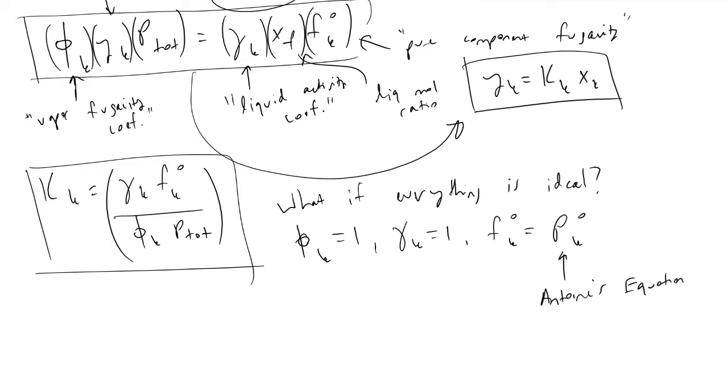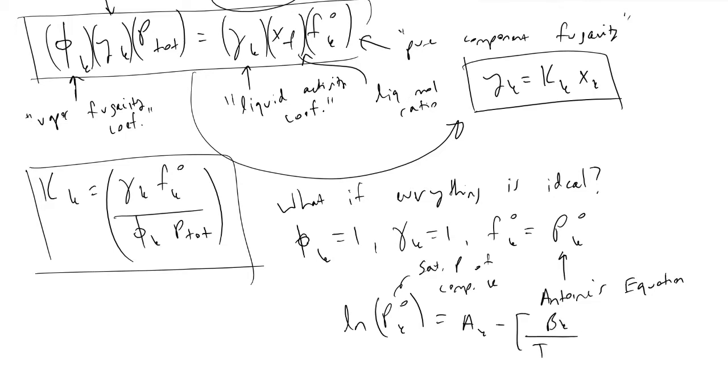And Antoine's equation, as we'll recall, was ln, the natural logarithm, or it can also be log base 10 depending on what your constants A, B, and C are. But in this case, I will leave it like this. We have the natural logarithm of p_k naught, and this naught denotes saturation pressure of component k. This is equivalent to A_k minus B_k divided by T plus C_k.